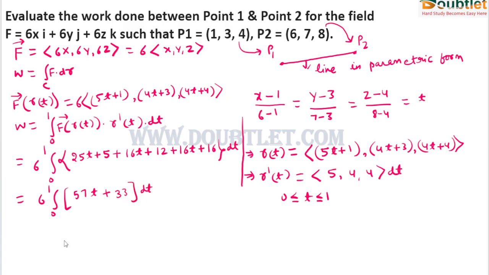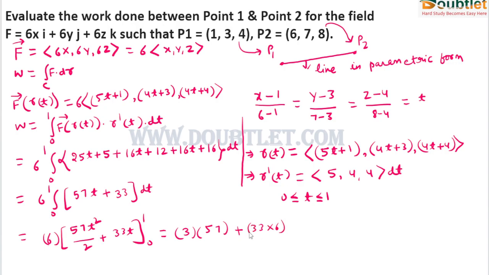Now it is a linear integral, so we can easily integrate this: 57t squared divided by 2 plus 33t, and 6 is the constant here, with limits from 0 to 1. Then we can say this is 3 multiplied by 57 plus 33 multiplied by 6, minus 0, so this will be the value.